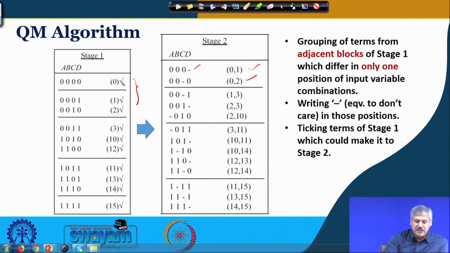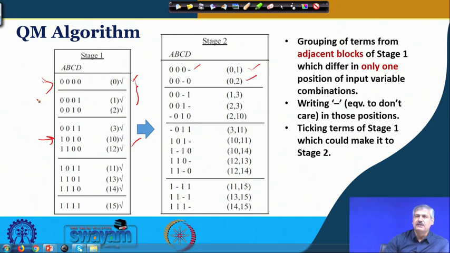Now, can this first block be combined with block 3? For that, only one position should be changing. We cannot, because in the first block there was no 1, and in this particular block 2 ones are there. So, they are differing in at least 2 positions.